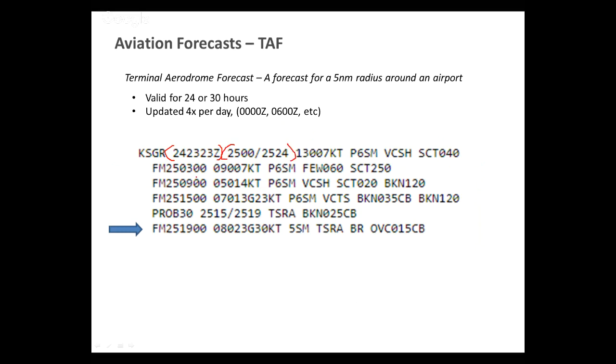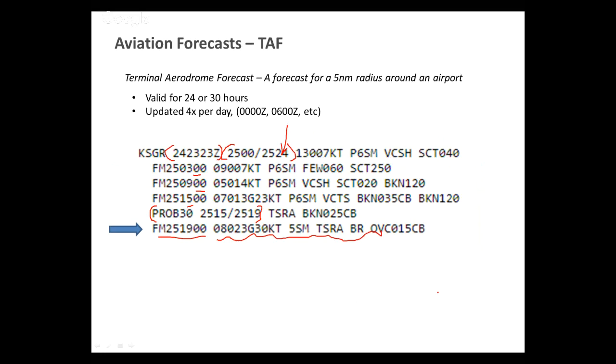And then you've got these incremental updates to the weather forecast. 300 Zulu, 900 Zulu, 1500 Zulu. And then you've got this percentage probability range in here from 1500 to 1900 Zulu. And then finally, the forecast says, okay, well, from 1900 Zulu through to the end of the reporting period, I'm expecting this weather right here. So pretty terrible weather, thunderstorms and rain.